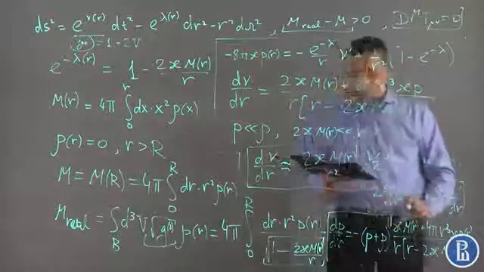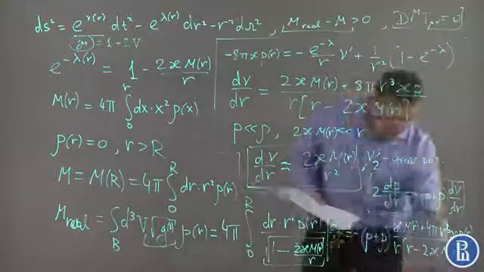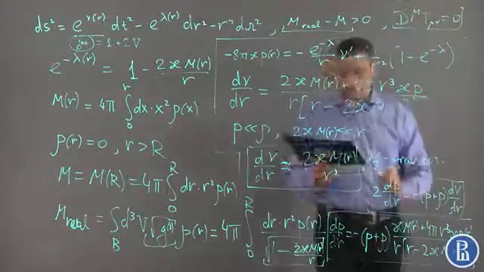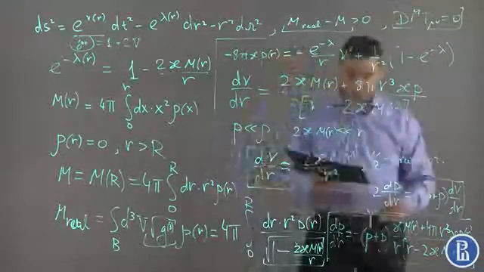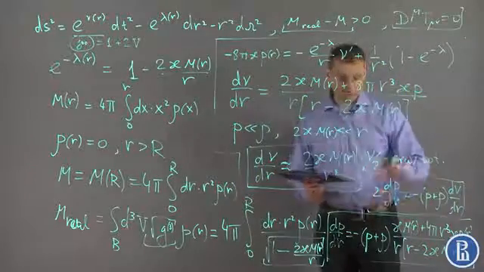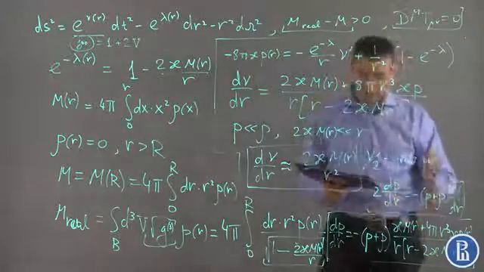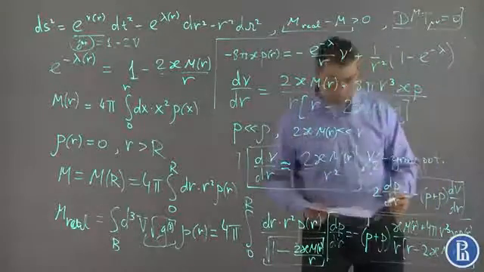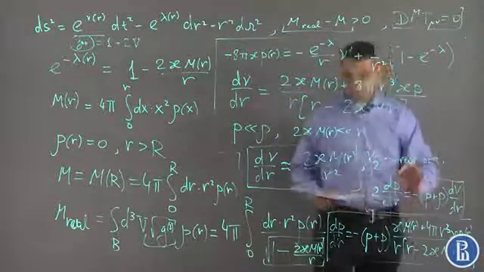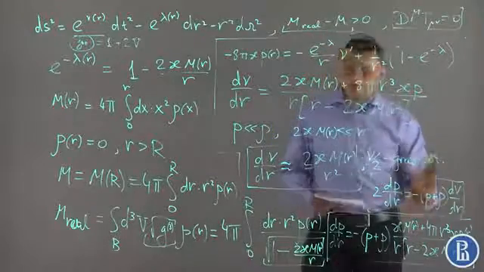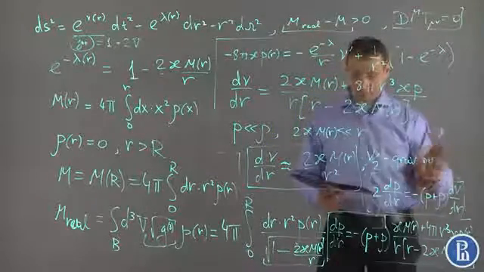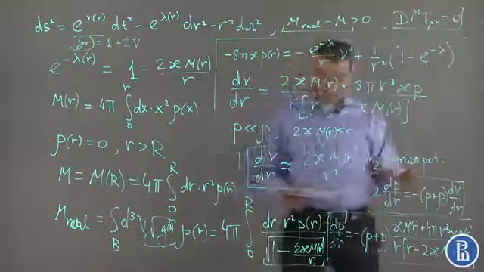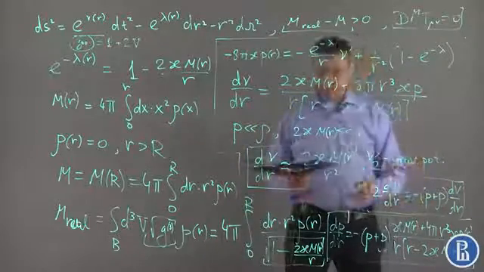This is the so-called Tolman-Oppenheimer-Volkoff equation, which describes the hydrodynamic equilibrium of the star. We are now going to describe the solutions of these equations and specify the equation of state for the liquid. To go further, we need to do that.